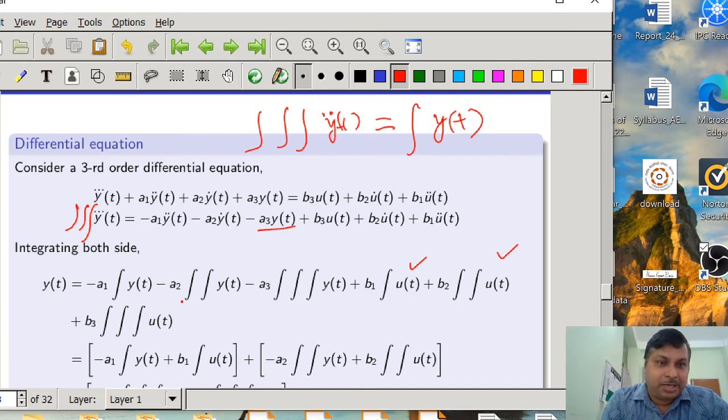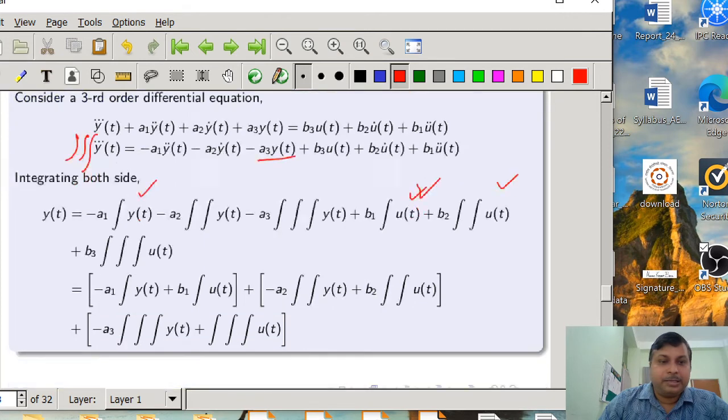Now what we have done, we have found out the order of integration. So suppose this is single time integrated and this is also single time integrated, so these terms we have written together, and that results in the next equation. You see, minus a1 single integration of y(t) plus b1 single integration of u(t).